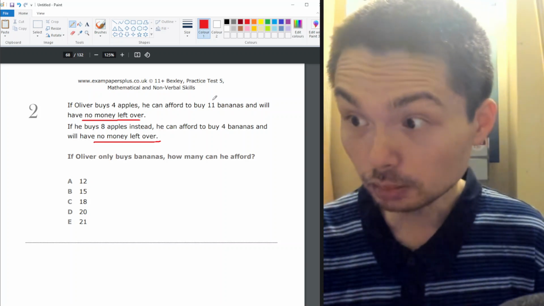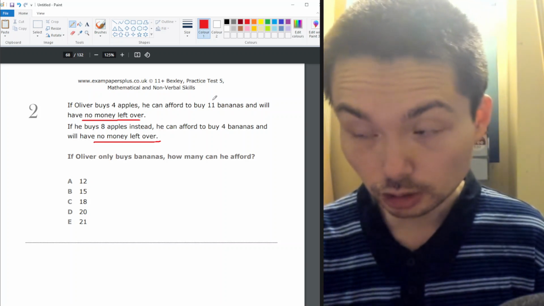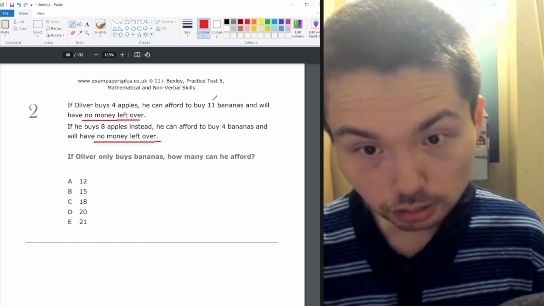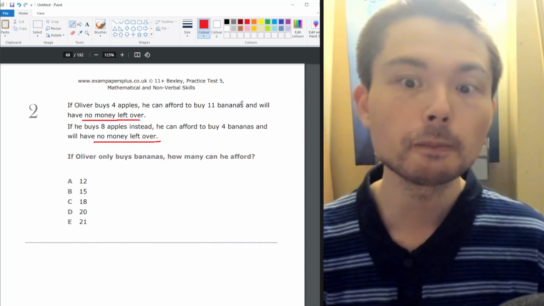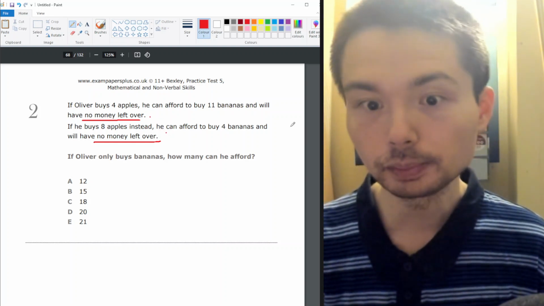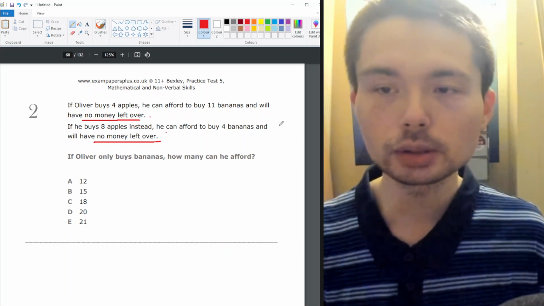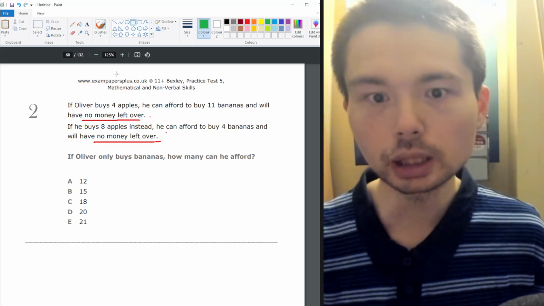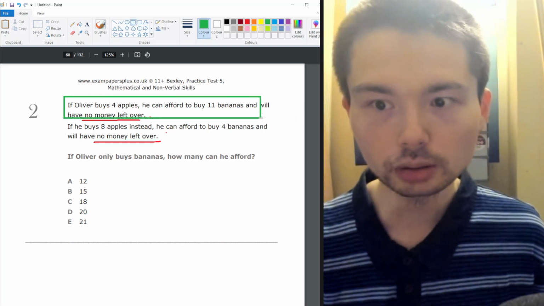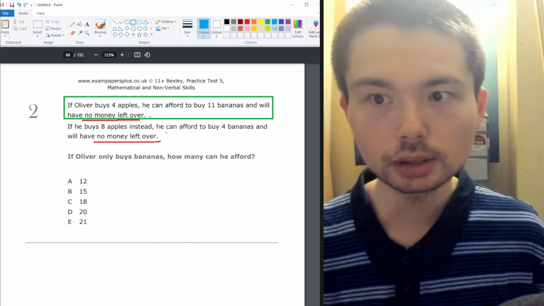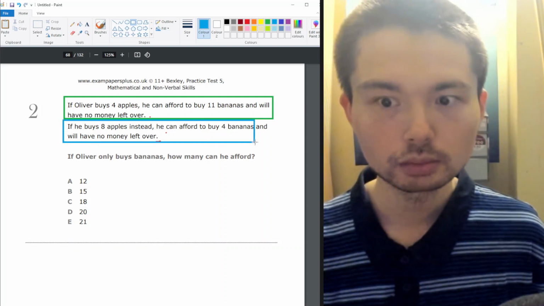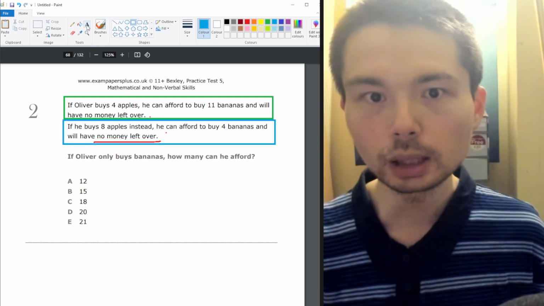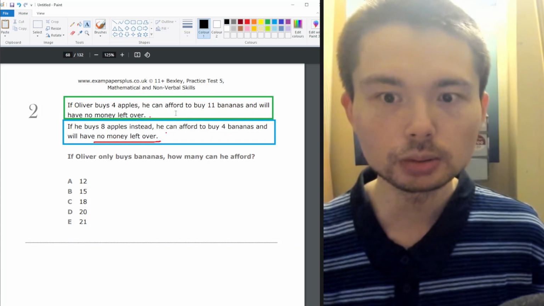Because I had to check the mark scheme just to make sure I was doing it the correct way to present in this video. These 2 are the same, because when you buy these items, there's no money left over. So what are we trying to say? This green box is the same as this blue box. So what is William doing? Well, I'm going to set the first bit equal to the second bit.